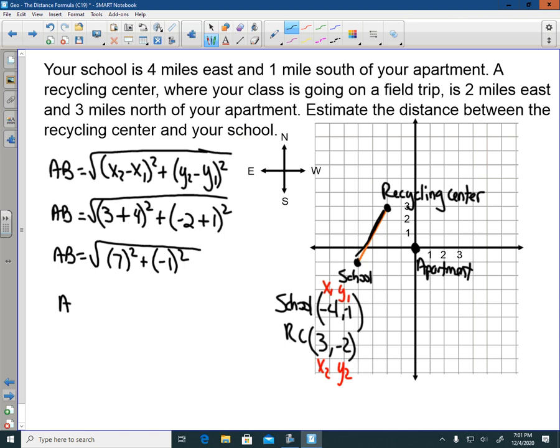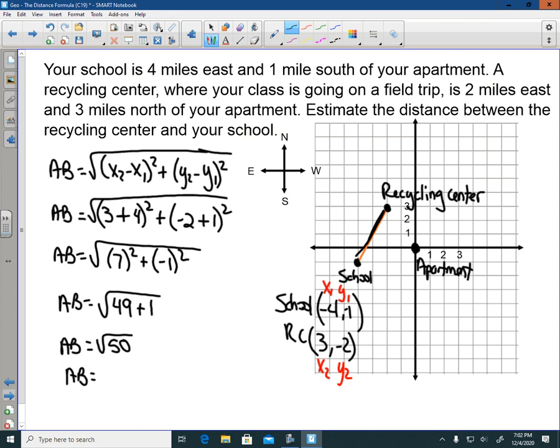So the distance between A and B is going to be the square root of 7 squared, which is 49, plus the square of negative 1. Negative 1 times negative 1, or positive 1. And now, add those two up. It's going to be the square root of 49 plus 1, or 50.